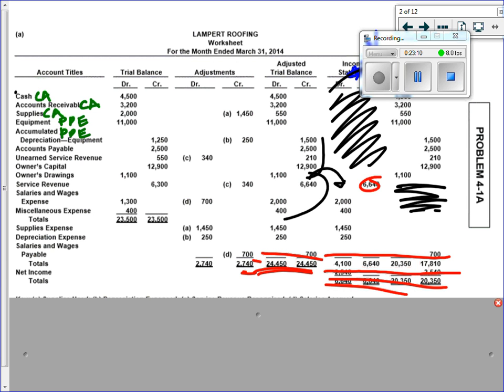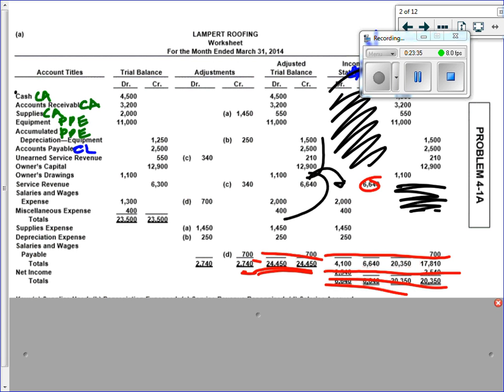Which 2 are we missing? Which 2 are not even in this business? Long-term, and we don't see an intangible. Cool. AP. We're moving to the liability side. AP. Are they current or long-term? Unearned service revenue. It's a liability.